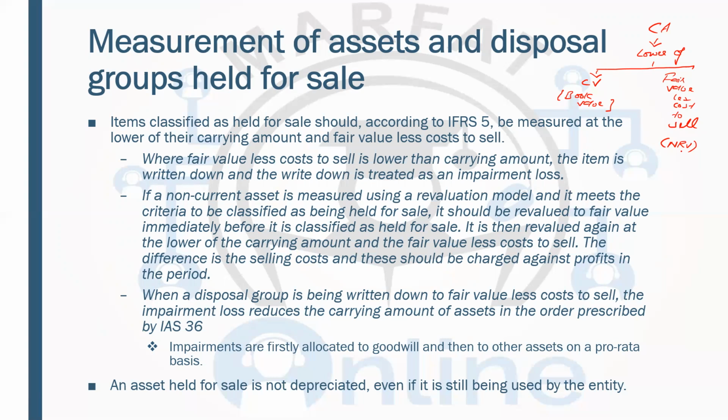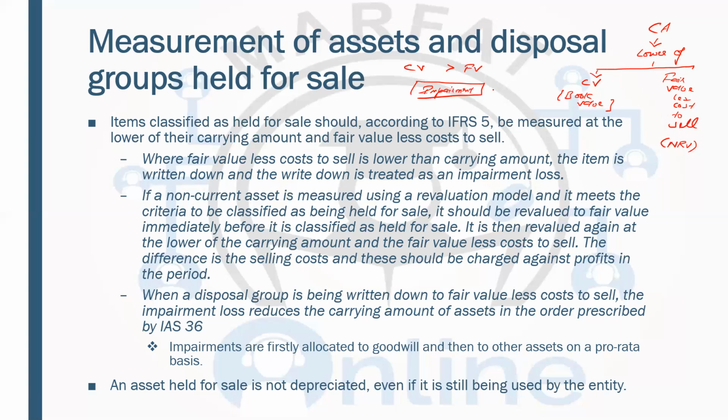And this carrying value will be compared with the fair value less cost to sell. And if there is a difference, like the carrying value is more than the fair value, then this will give rise to the impairment, which will be recorded in the profit or loss.